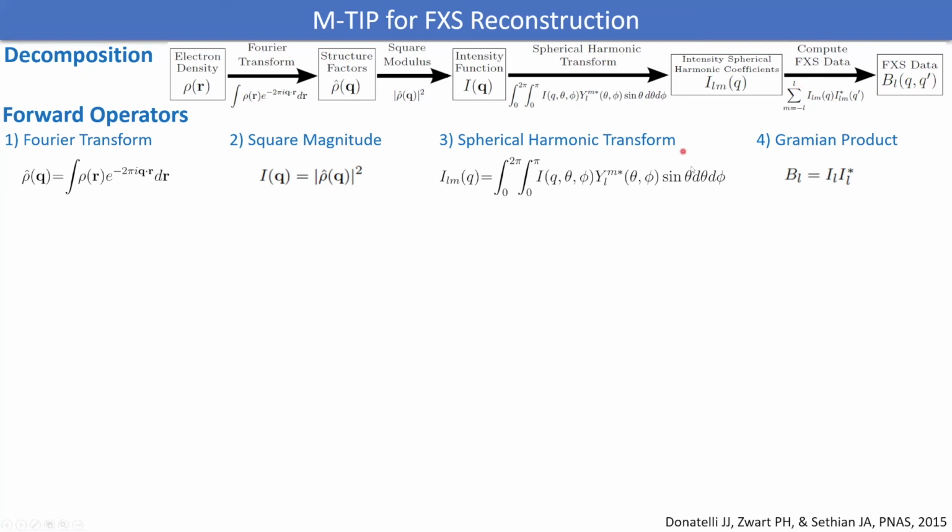When you do that, you can directly relate the spherical harmonic coefficients to the data through this Gramian product. The Gramian product just means you take each I_L matrix and multiply it by its conjugate transpose, and that gets you to the data.